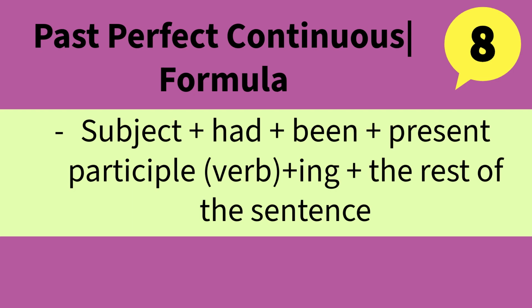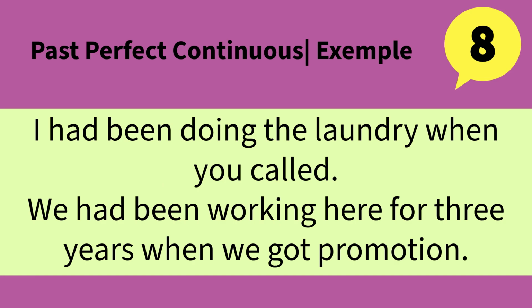To form this tense, we use this formula: subject plus had plus been plus present participle, verb plus ing, plus the rest of the sentence. Let's take a look at some examples. I had been doing the laundry when you called. We had been working here for 3 years when we got a promotion.